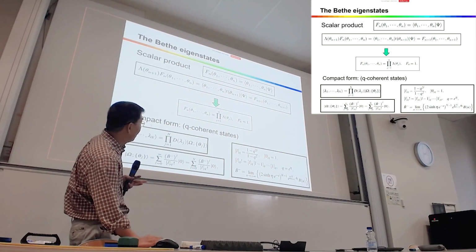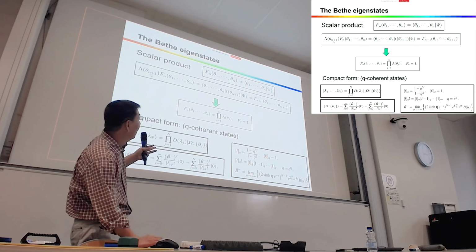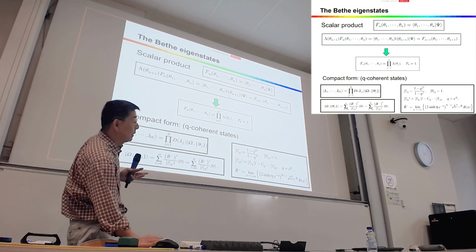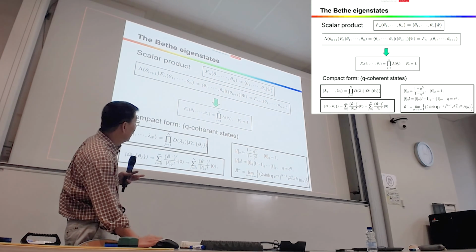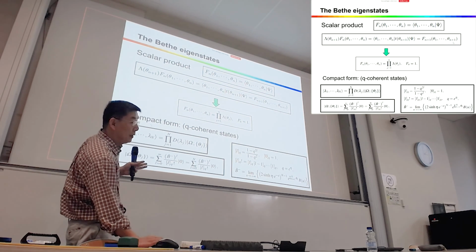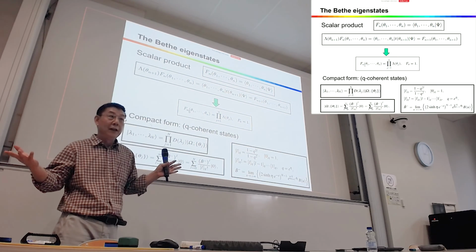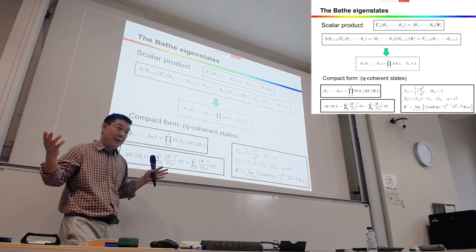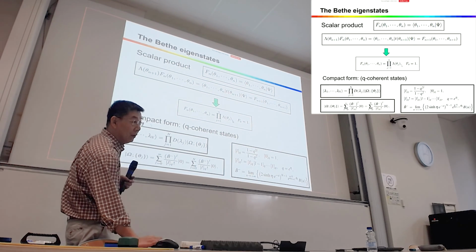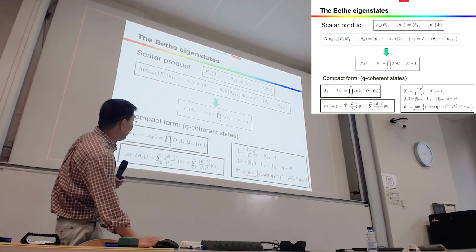Acting with this transfer matrix to the right, we get lambda, because psi is the eigenstate of T. But acting to the left, we have this one. So now we have the coefficients of the eigenstate in terms of the basis. Because lambda(u) is already known, we get the coefficients.